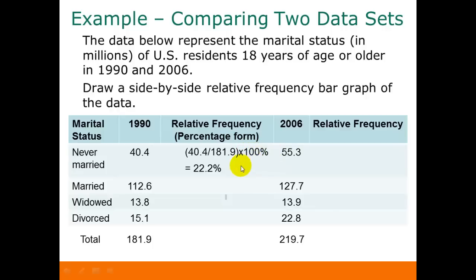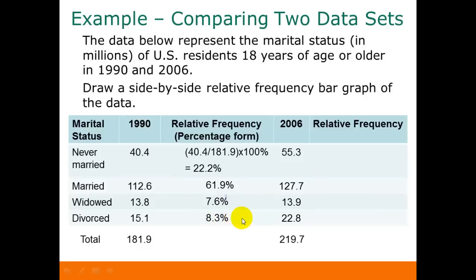And that gives us 22.2% if we round it to the nearest tenth of a percent. The rest of our percentage values for 1990 are married is 61.9, widowed is 7.6, and divorced is 8.3.